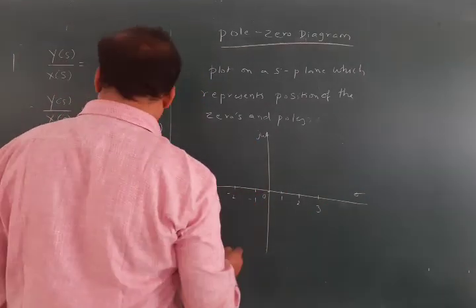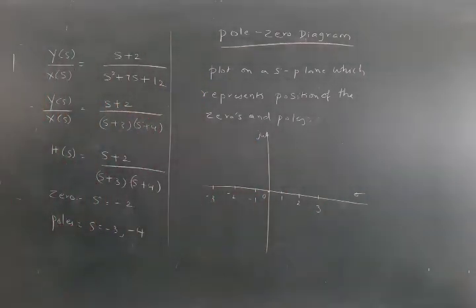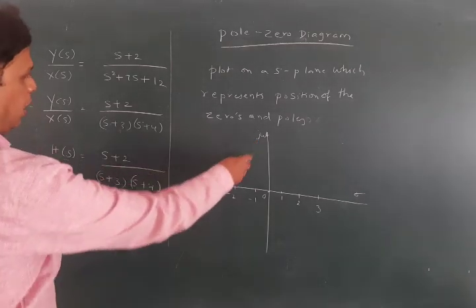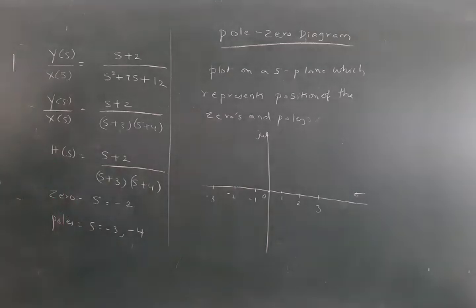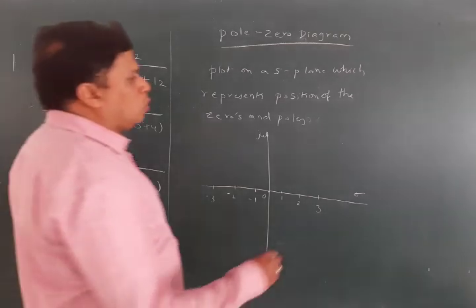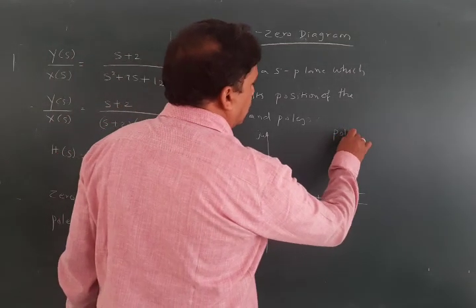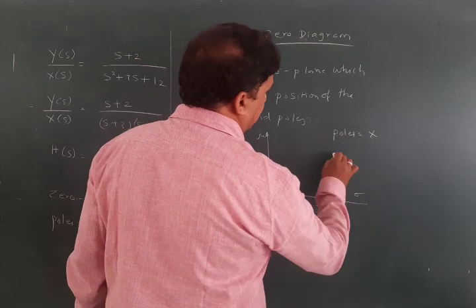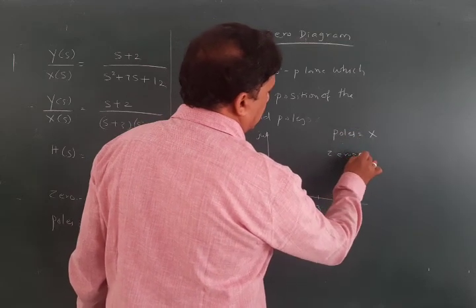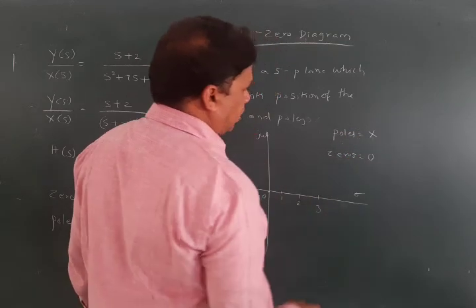Now we have the values of zeros and poles here. s is equal to -2 and s is equal to -3 and -4. So we will represent the poles by some symbol and zeros by some symbol. What is the poles' representation symbol? The pole is represented by X, and zeros are represented by this symbol, the 0 symbol.